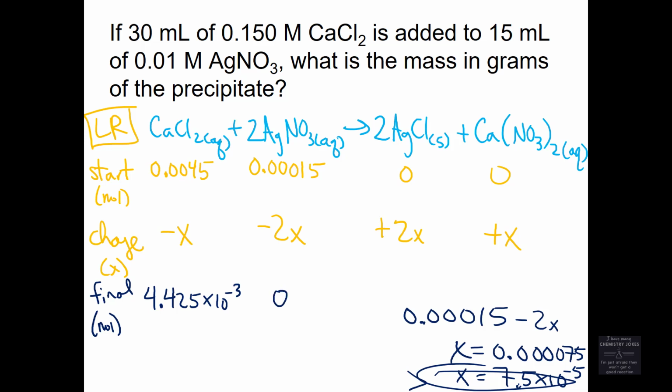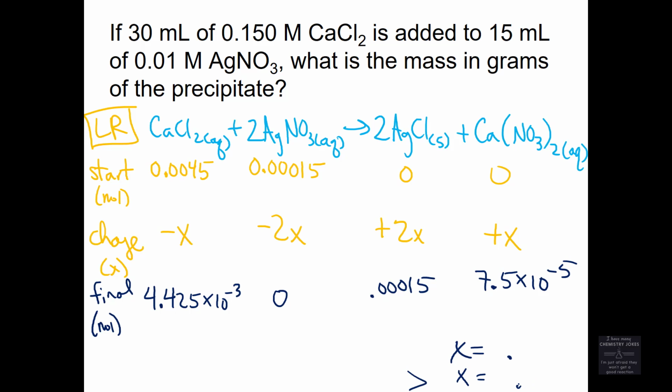Let's keep it in scientific notation. This one is 0, this one is 0.00015, and this one is 7.5 times 10 to the negative 5 moles. Which one is my precipitate? My question is, what is the mass in grams of the precipitate? This 0.00015 is my precipitate.